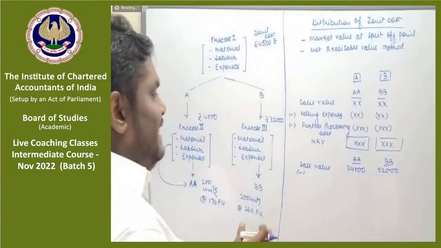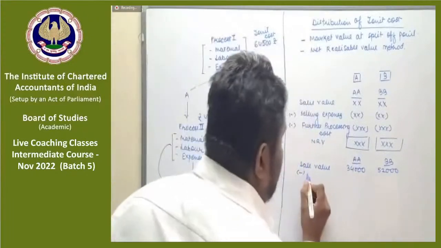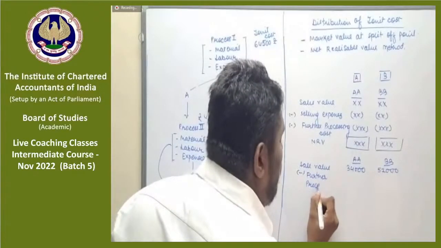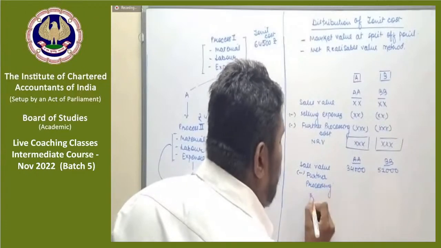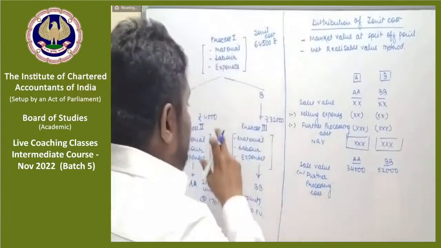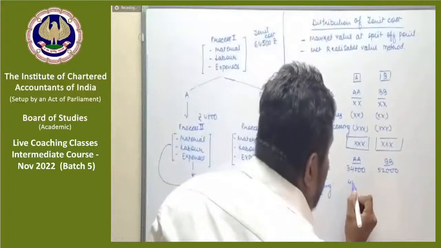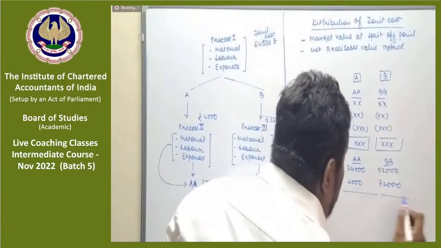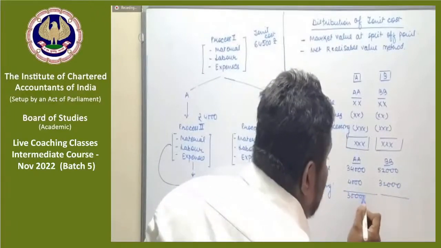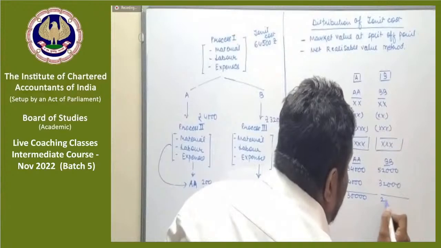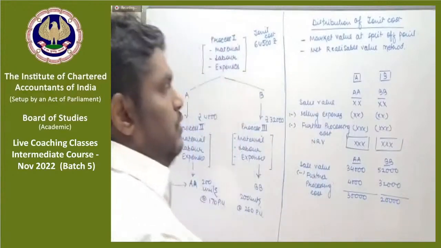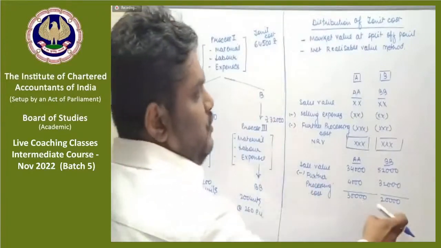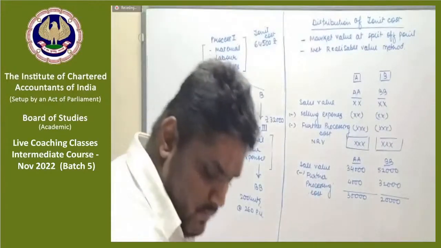No selling expenses are given, but the further processing cost is given, that is 4,000 and 32,000. So this will be 30,000 and this will be 20,000. My joint cost of 64,500 will be distributed in the ratio of 30,000 is to 20,000.